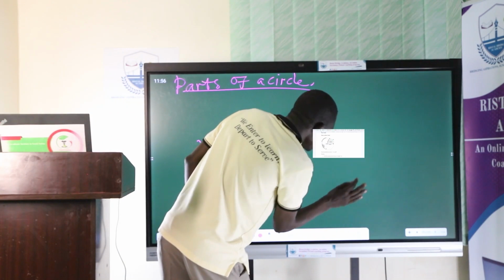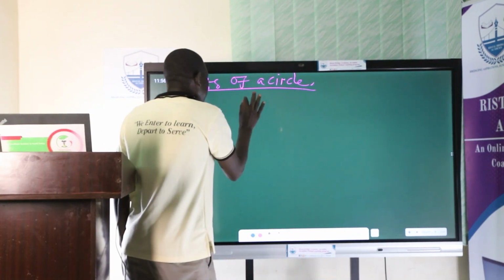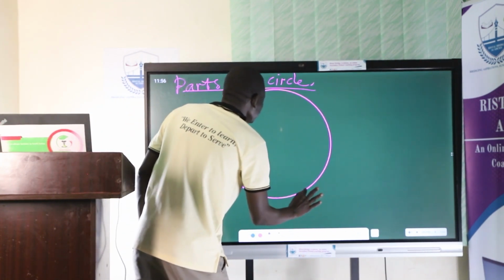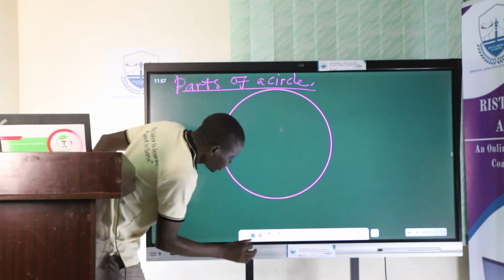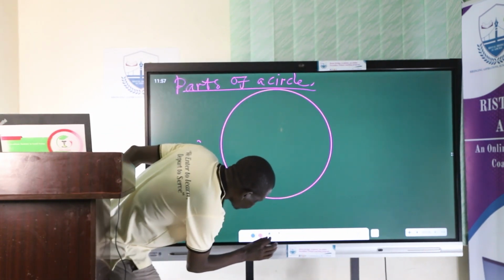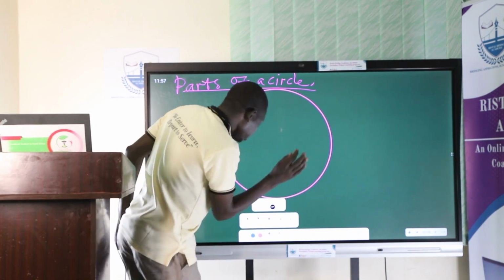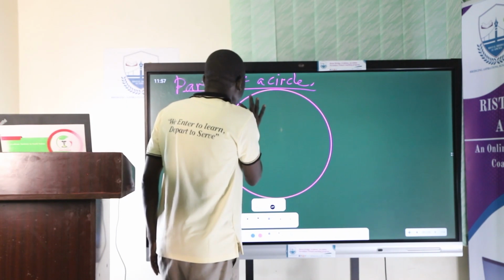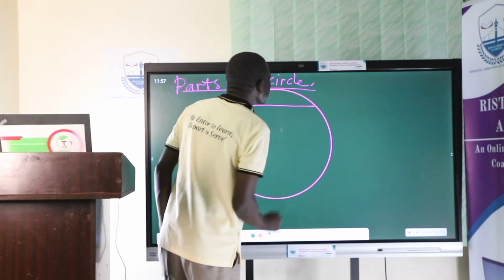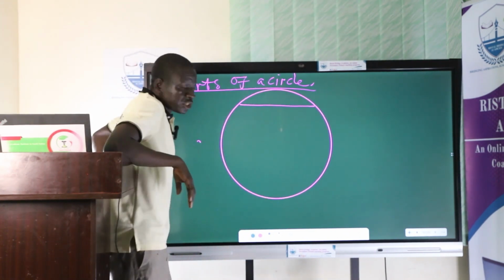So assuming this is our circle, if this is the circle, we are saying in a circle we have what we call a chord. This is what we call a chord.